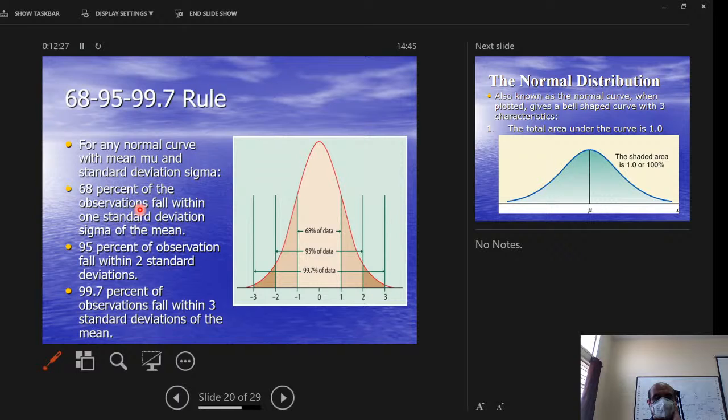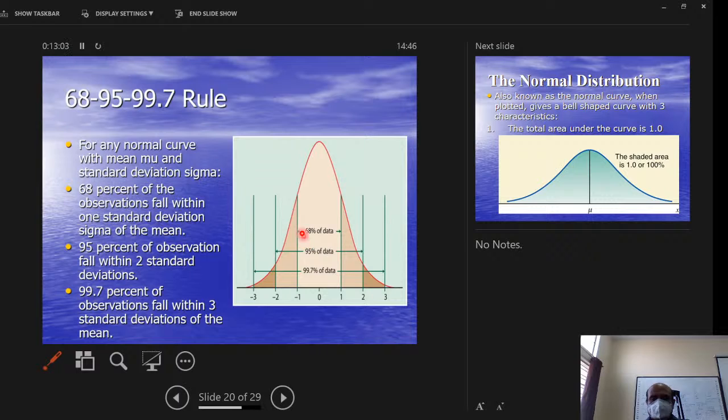68% of the observations fall within one standard deviation sigma of the mean, 95% of the observations fall within two standard deviations, and 99.7% of the observations fall within three standard deviations of the mean.